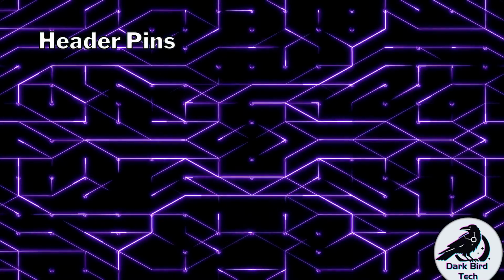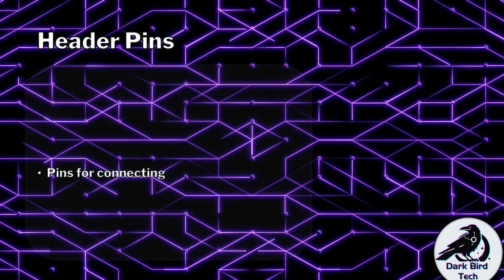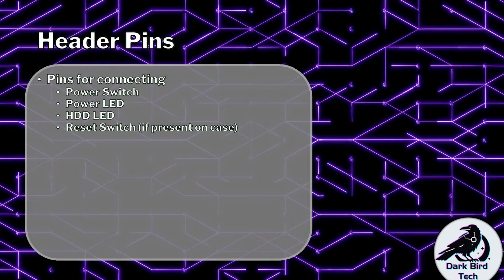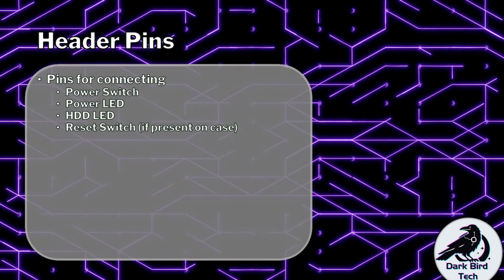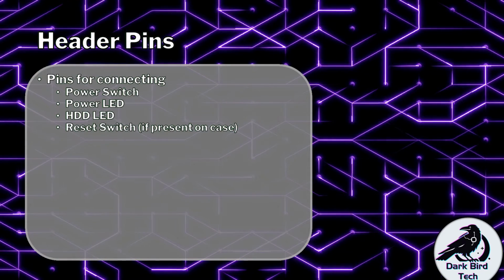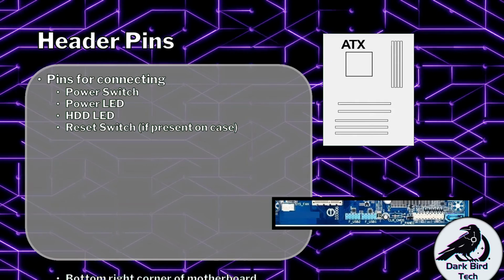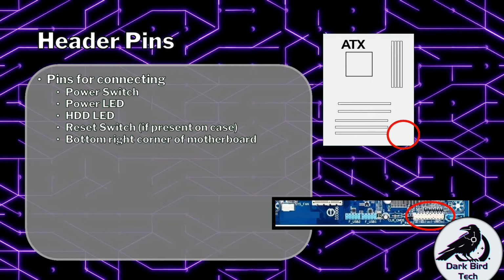Now, even more cables that need to be plugged into your motherboard, you will have header pins for this. Header pins are usually there to connect the following things: your power switch, your power LED, hard drive activity indicator LED, and a reset switch if your case has one. Now, usually it'll be found in the bottom right corner of your motherboard, usually in those areas over there.